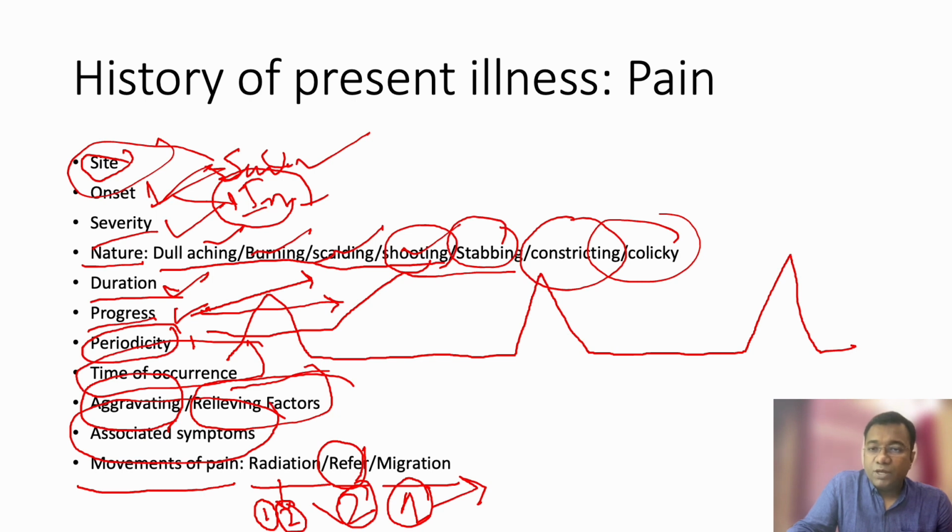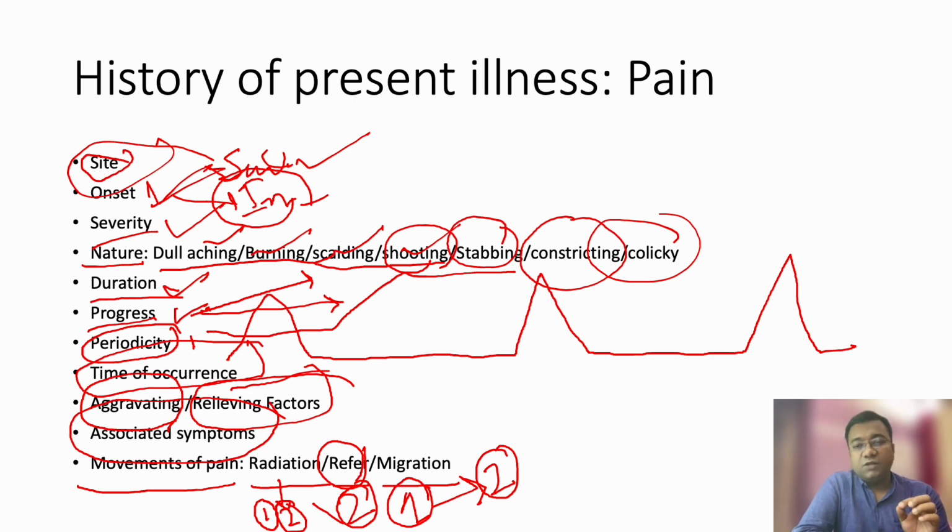Migration of pain means the patient initially feels pain at one site, then the first site pain disappears, and now the pain reappears at the secondary site. This typically happens in acute appendicitis. What happens in appendicitis? Initially, there is stretching or inflammation of the visceral peritoneum, and we know the appendix is supplied by the same dermatome, that is T10.